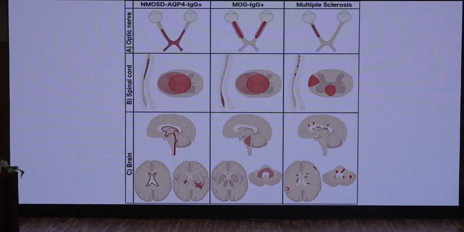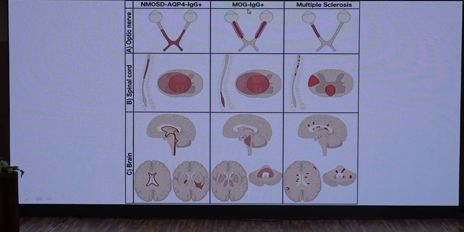So this is a very beautiful diagram which depicts optic nerve, spinal cord and brain involvement in NMO spectrum disorders, MOG associated antibody disease and multiple sclerosis. If we see the optic nerve involvement in NMO spectrum disorders, basically it involves the posterior optic nerve with optic chiasm involvement, and it is a long length involvement.